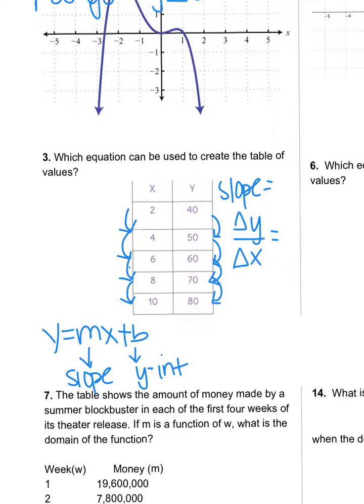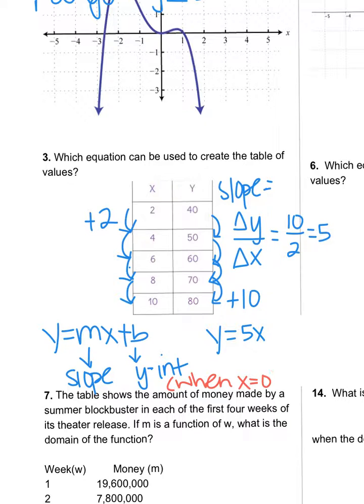In this case, my change in y is plus 10. My change in x is plus 2. So 10 divided by 2 is 5. My slope is 5. I can go ahead and fill in my m value. Now for our y-intercept, remember the y-intercept is when x equals 0.